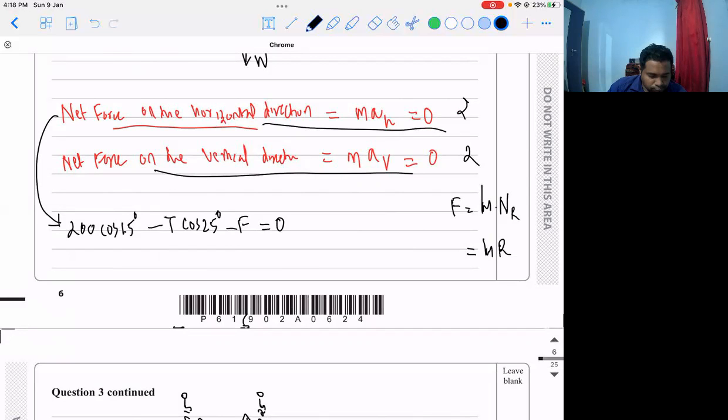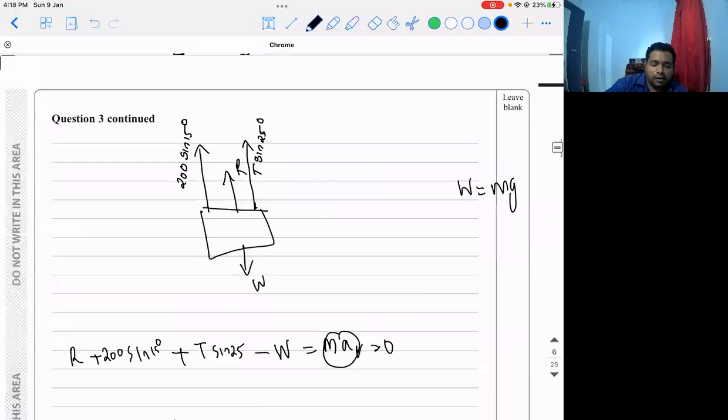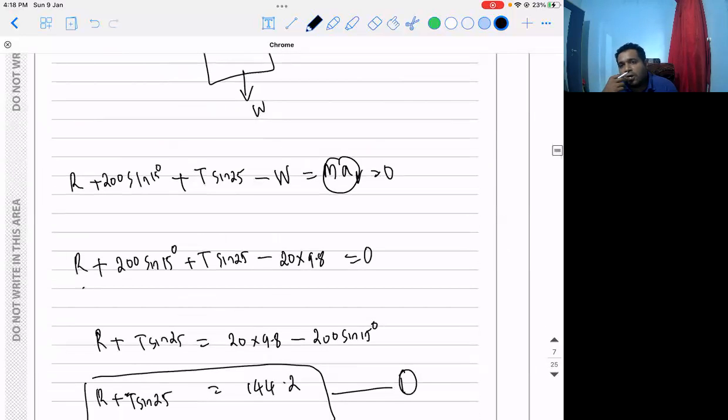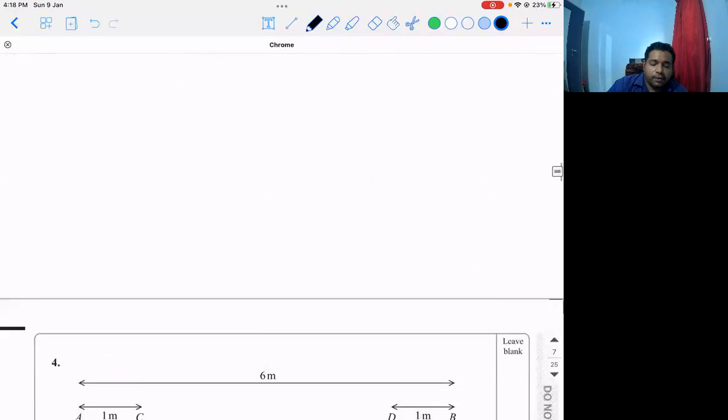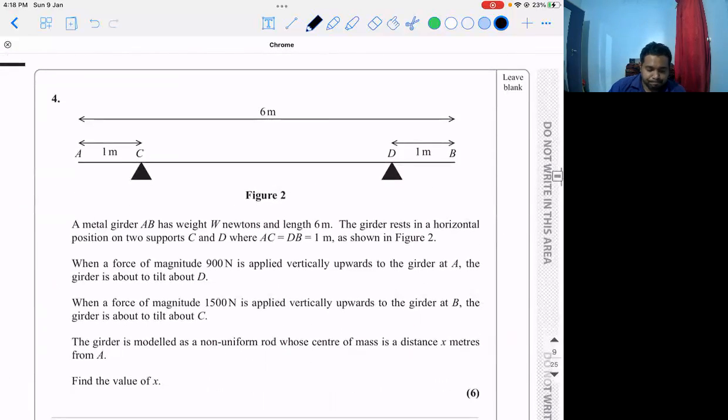Then for solving altogether, you will get 5 marks. So 2, 2, and 5. So altogether 9 marks. Okay, go on. Next question. Question number 4. So please read this question.